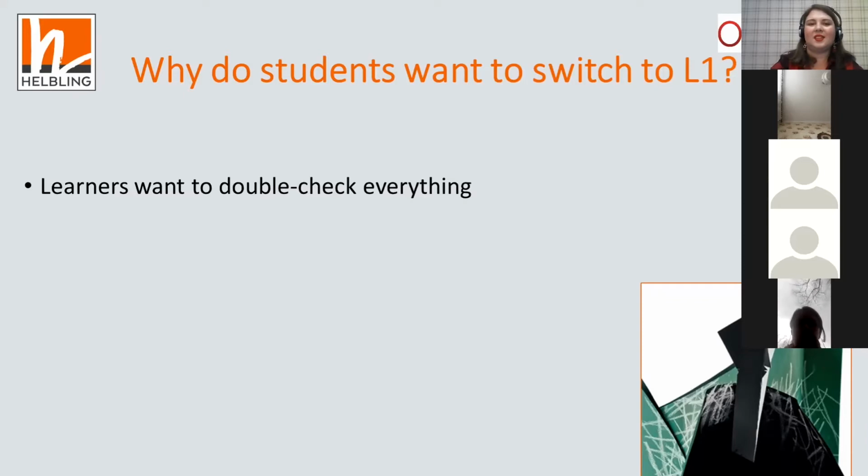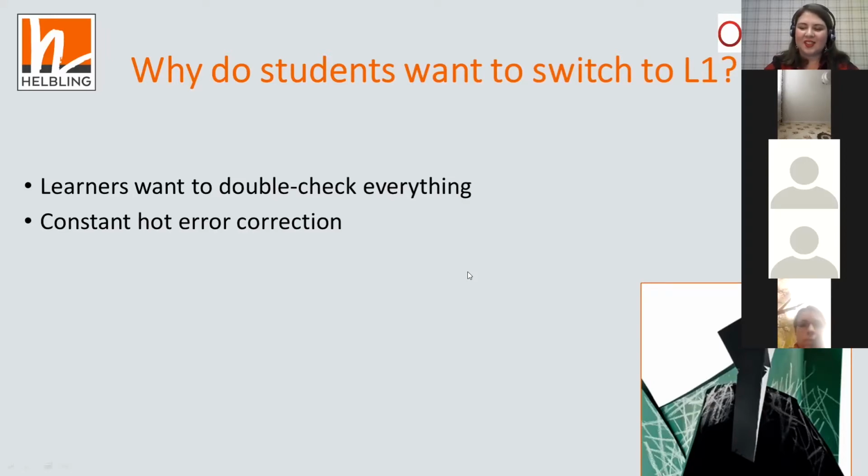So, and I think that in your classroom, you do have learners who really want to double check everything. So, the second reason is that, talking about the previous experience, and this is what you mentioned also in the chat box.